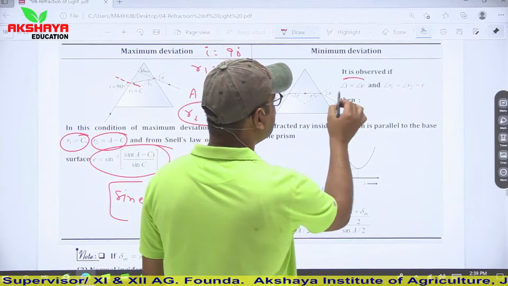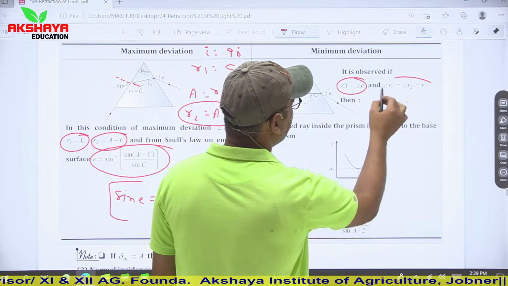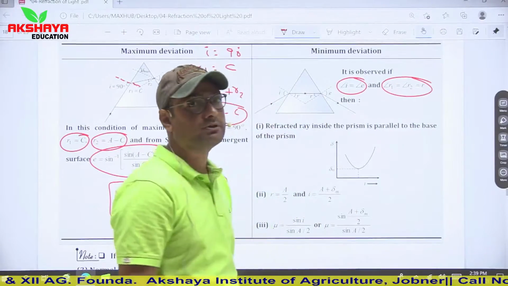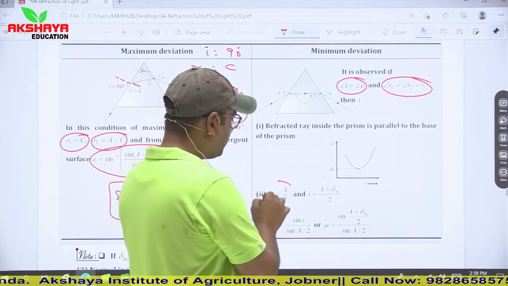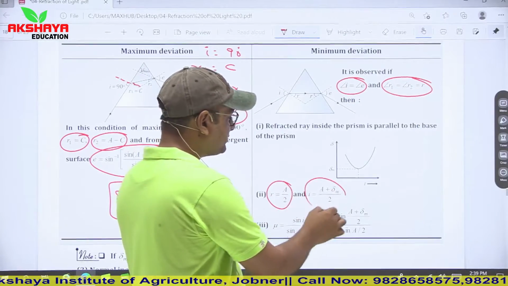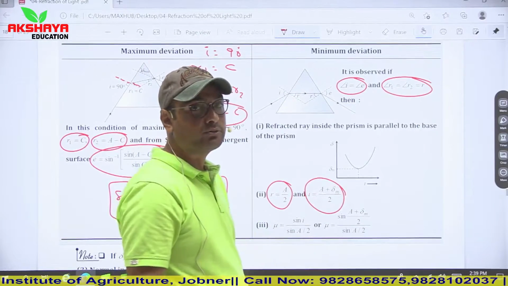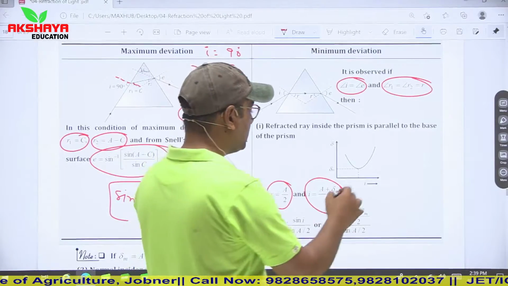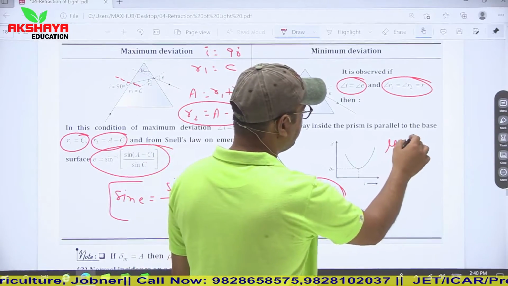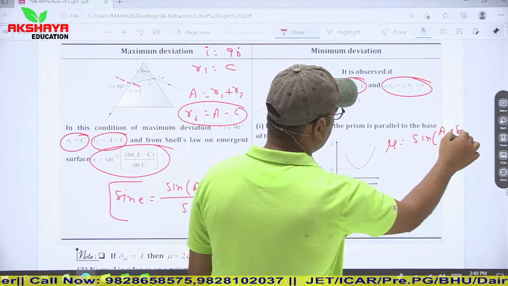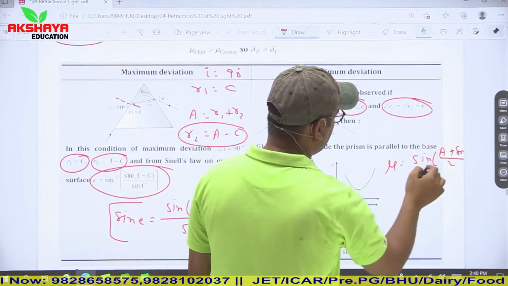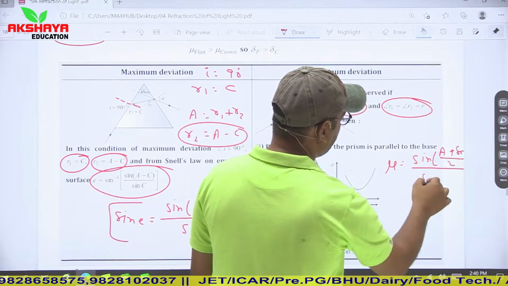It means the first condition is that I is equal to E, and the second condition is that R1 is equal to R2. In that case, R becomes equal to A by 2 and I becomes equal to (A plus del M) upon 2. So del M is the minimum deviation. So the refractive index is now equal to sine (A plus del M upon 2) divided by sine (A by 2).